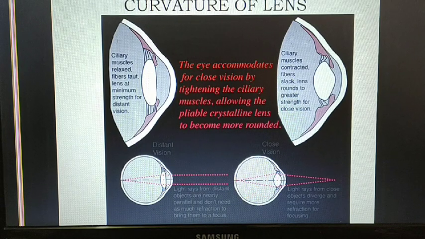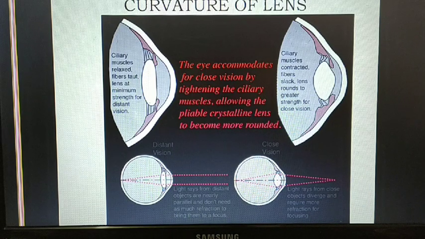When the eyes are accommodated for distant vision, the ciliary muscles are relaxed, the choroid recoils and pulls the suspensory ligament peripherally due to its elastic property.